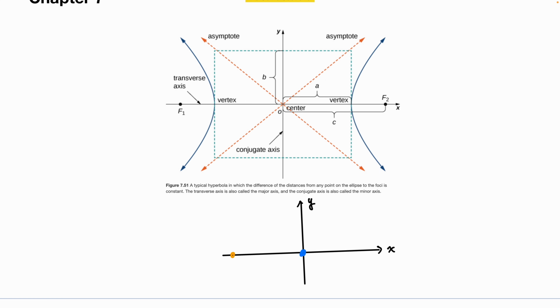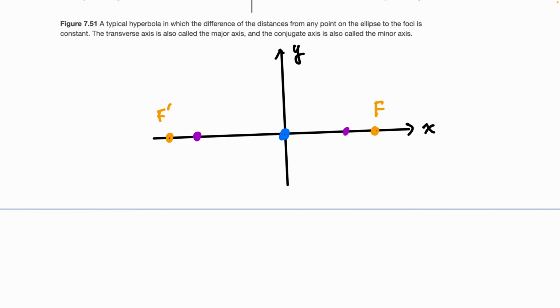Let's go way over here, and note that they're sitting inside what look like parabolas. That should be familiar. Let's label them F and F prime. Then let's bring in the vertices here and here, and draw a couple of parabolas, one opening left, one opening right.